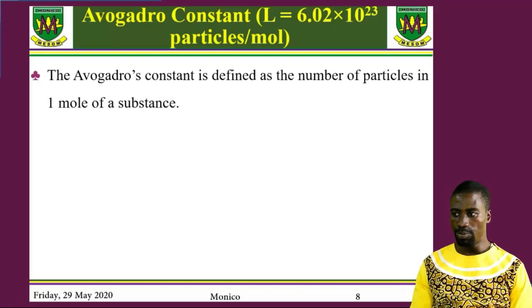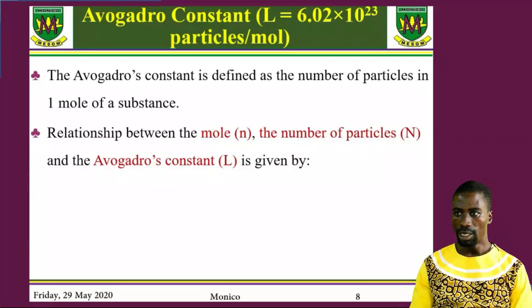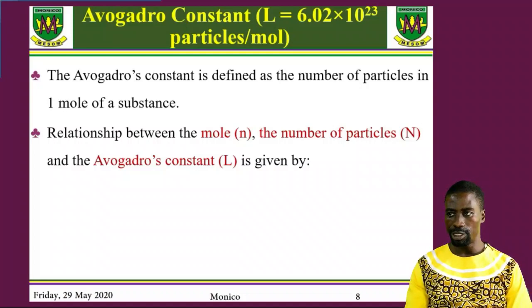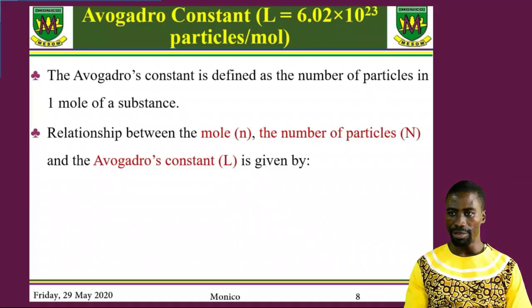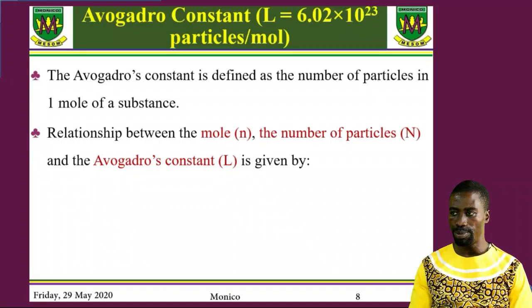So as soon as you pick 1 mole of any substance, the number of entities will be equal to the Avogadro's number. Now there is a relation between the Avogadro's number, which is L, the number of moles, which is small n, and the number of entities, or the number of particles in any given substance. We represent that one by the symbol capital N.